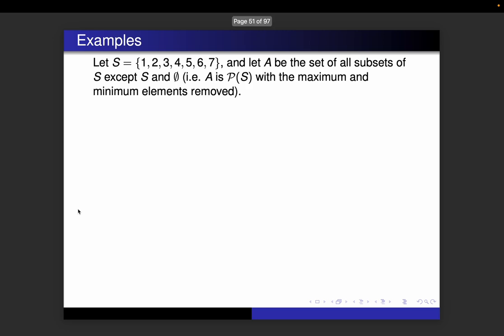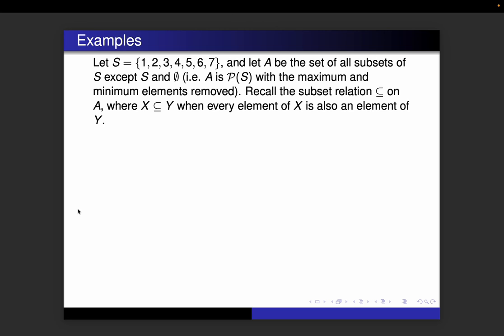In other words, we're going to remove the maximum and minimum elements from our previous example to see what it does to this partially ordered set. It's still going to be a partially ordered set, it's just going to have different subsets that we're considering. So again, we're going to use the subset relation on A. That's going to be our relation.